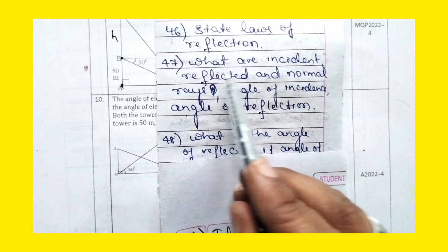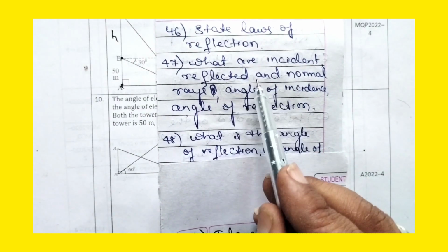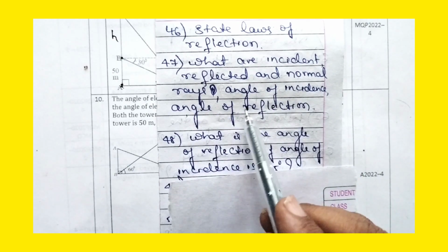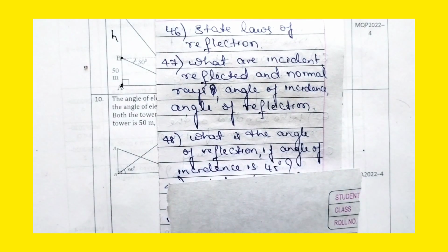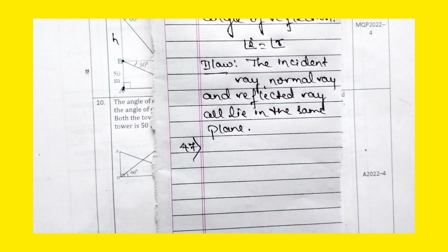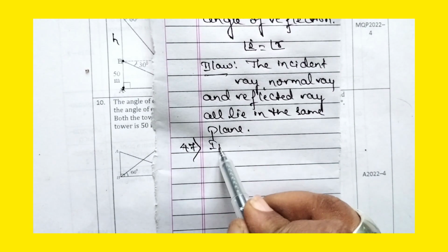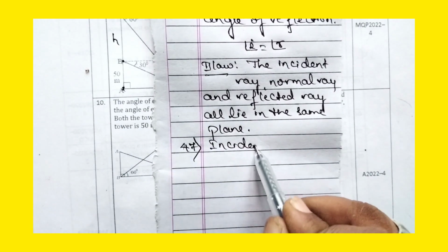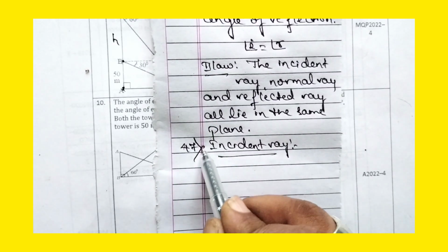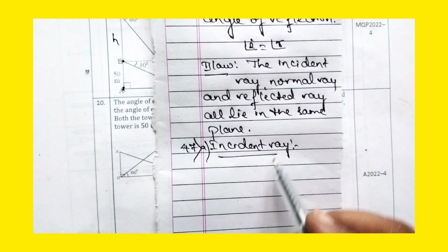What are incident ray, reflected ray and normal ray, angle of incidence and angle of reflection? Now let us define all these things. The first thing that we have to define is the incident ray.